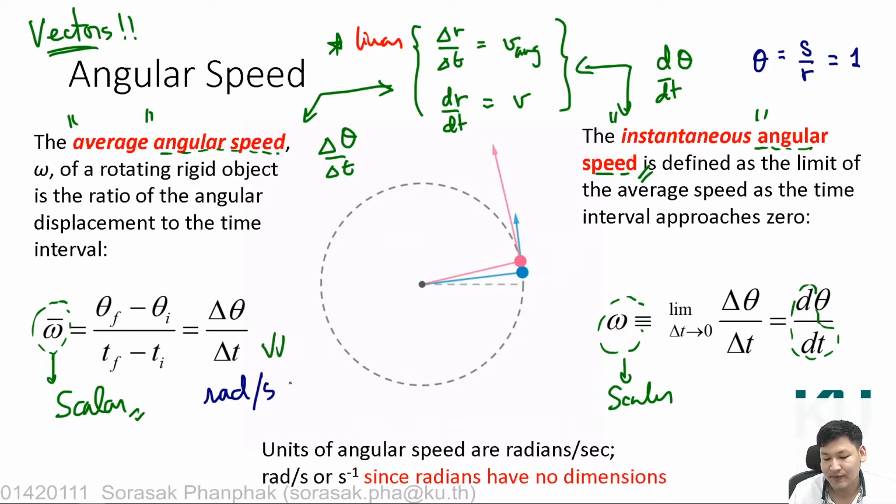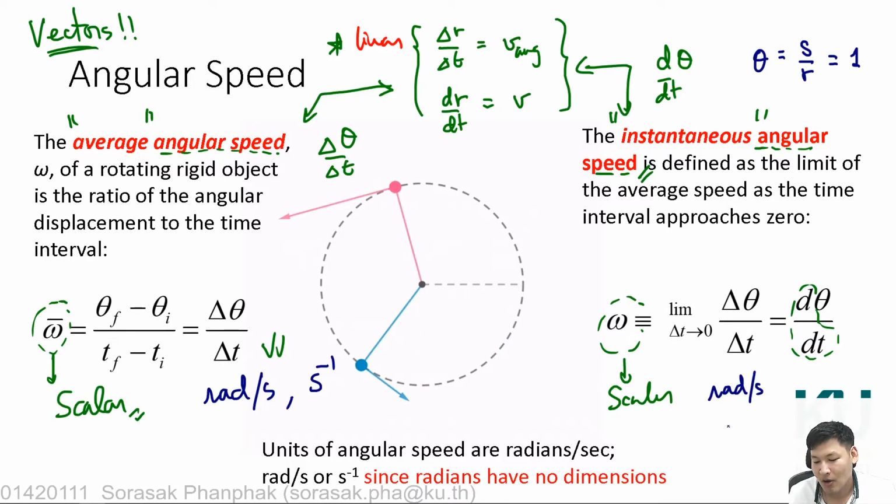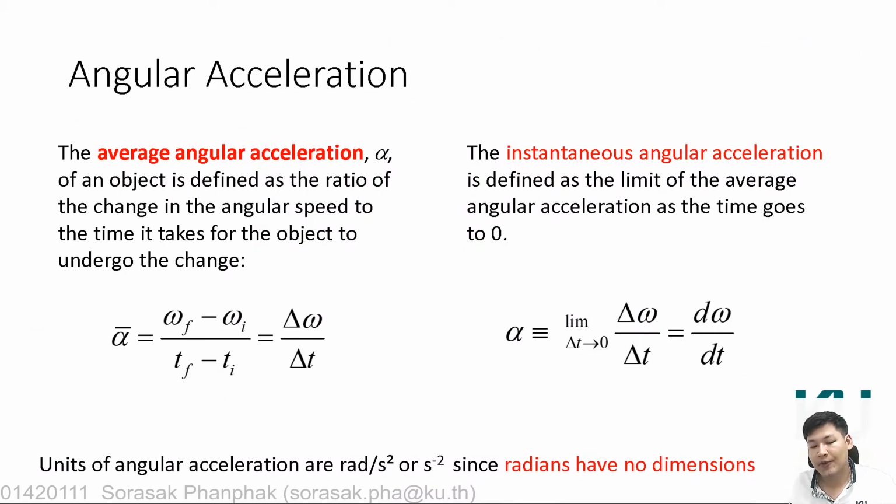So you can have another unit of the omega, per second. So this can be radian per second or per second. These are the units of the angular speed. You already know about the angular speed, or angular velocity if we put the vector in later.